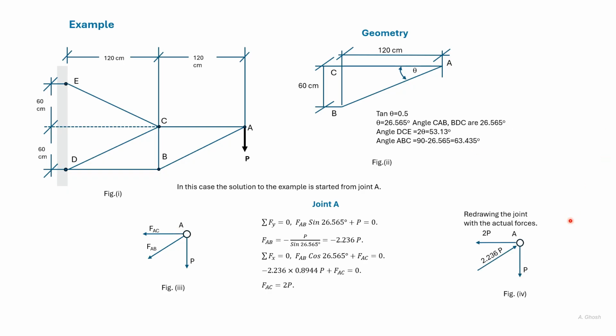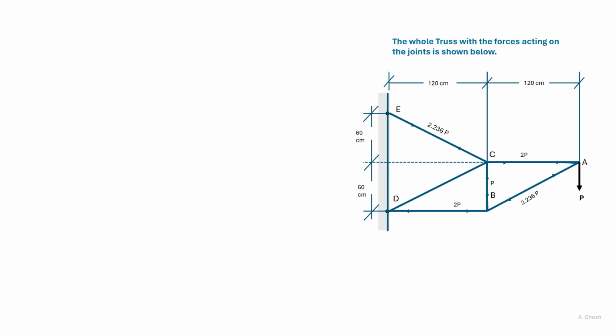Once we have found the force, we have redrawn the joint A. We see that if AP acts towards A, this is the diagram of the whole truss, and we have found these two forces till now.